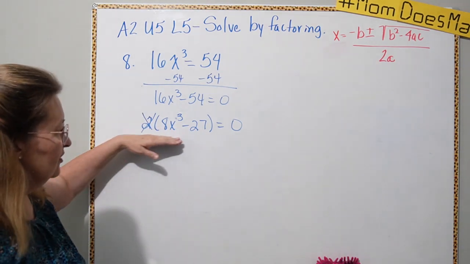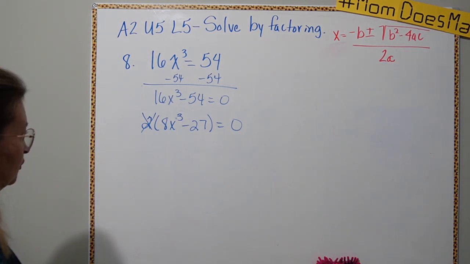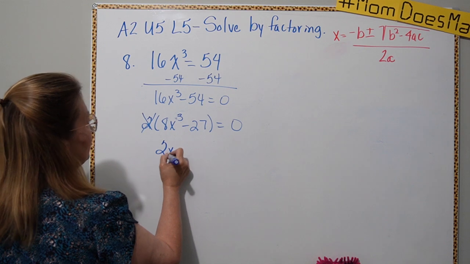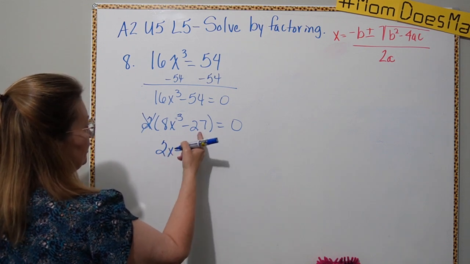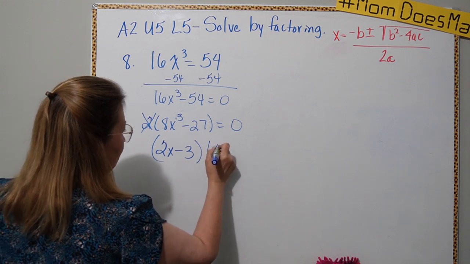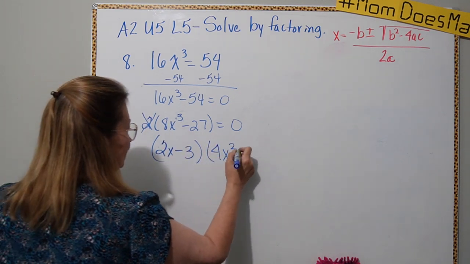We're going to focus on just the variable part. And what I have here is the difference of 2 cubes. So we're going to factor that into the cube root of this plus minus the cube root of that, which is 3. And then we're going to square this so that it's 4x squared. We had same, opposite.